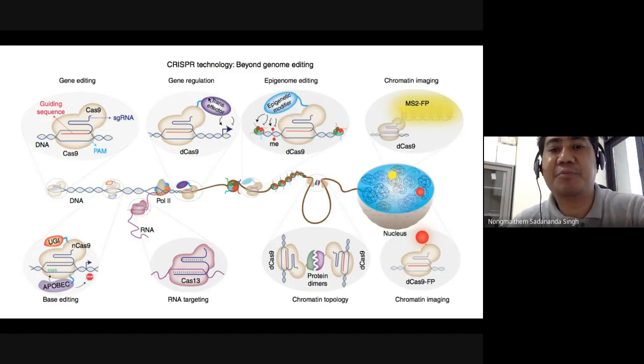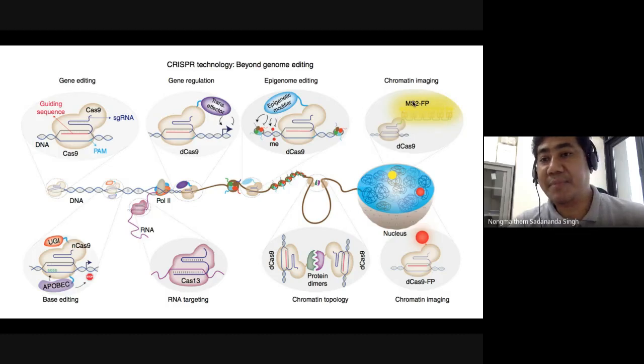If you put in DNA methyltransferases, what will happen? It will methylate the surrounding DNA sequences, and it is going to shut down transcription. Correct? So you can either knock out, or increase the transcription, or shut down the transcription. You can do all these things through the modified Cas9.